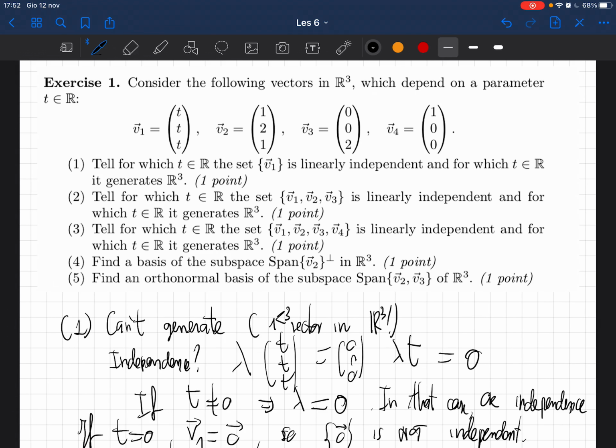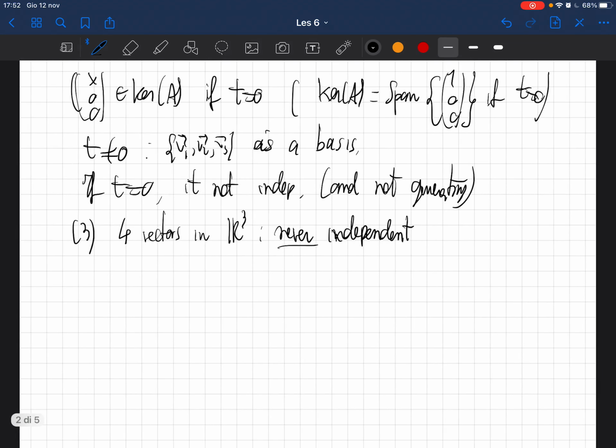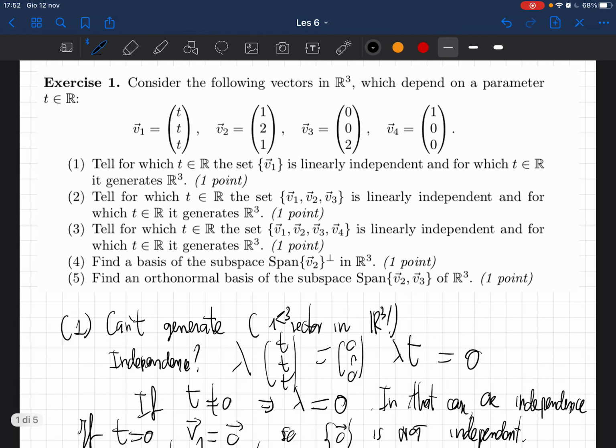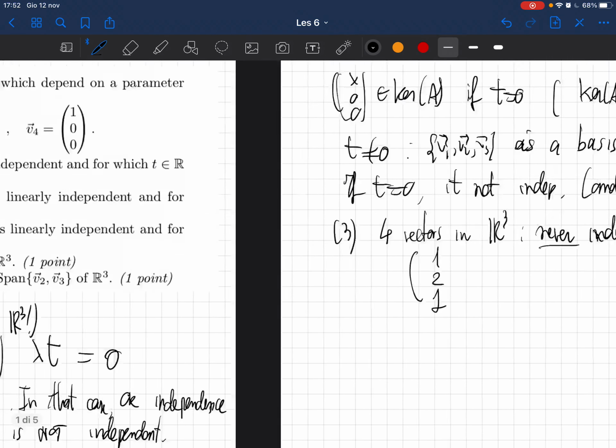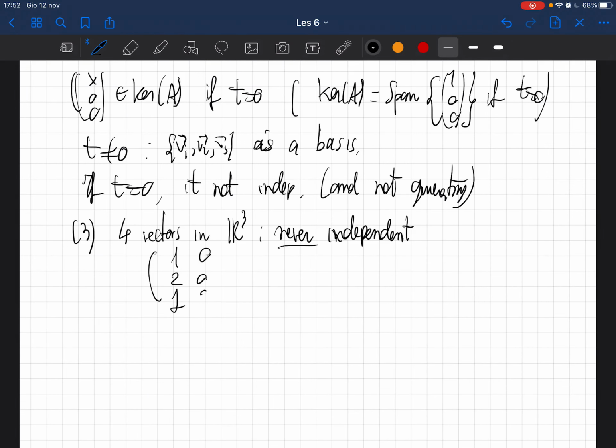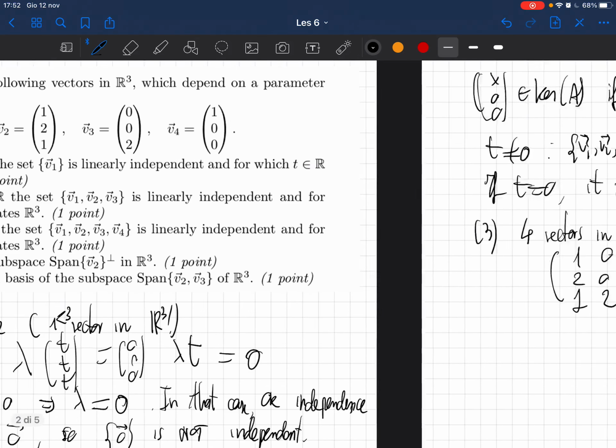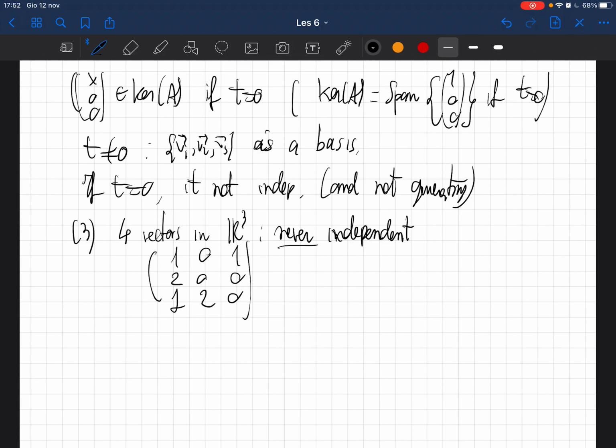So let's see, perhaps, if we are lucky, if the last 3 vectors do generate. That's just a hypothesis we make here.